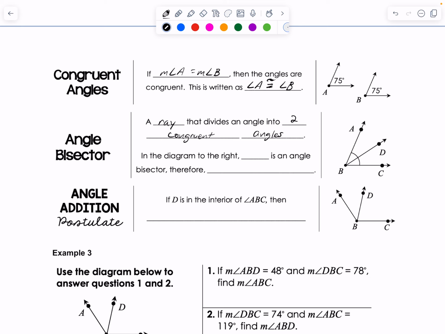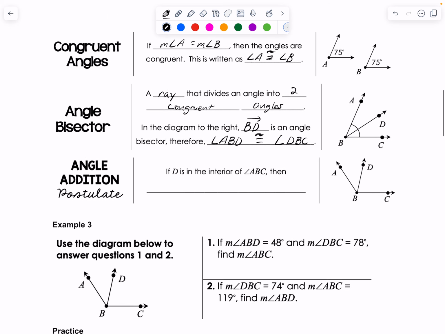So in the diagram to the right, ray BD is the angle bisector. Therefore, angle ABD and angle DBC, or you can name those differently, are going to be congruent.